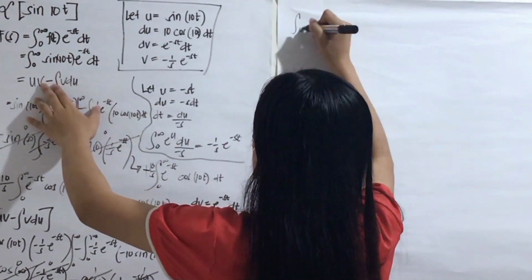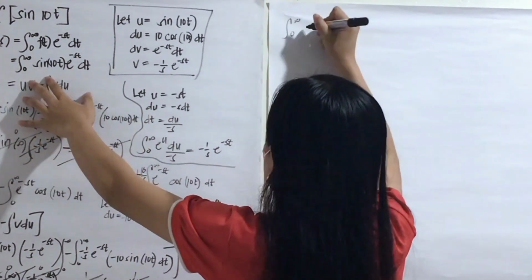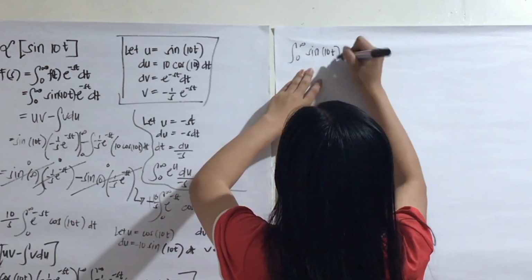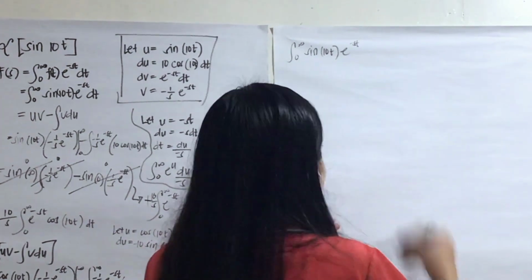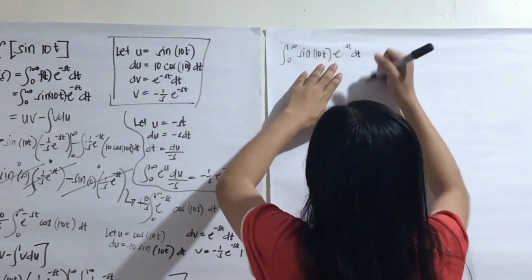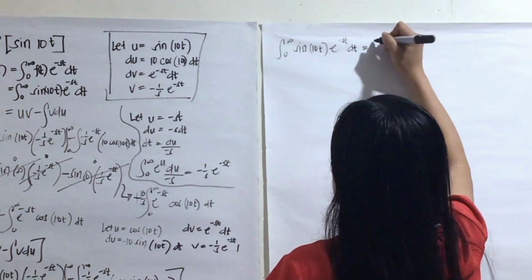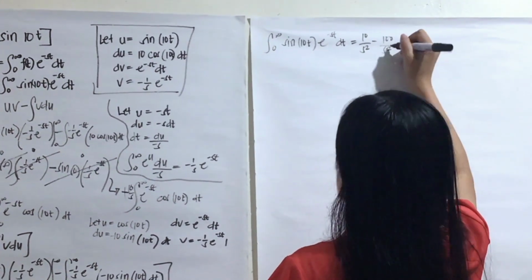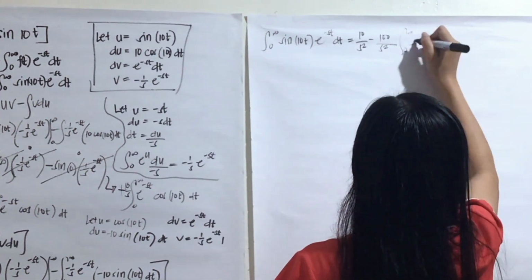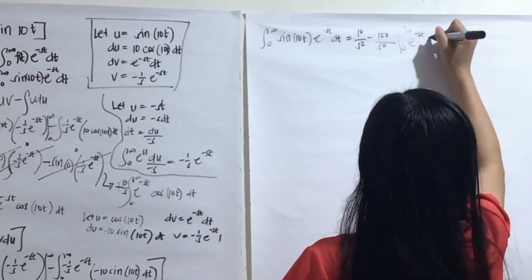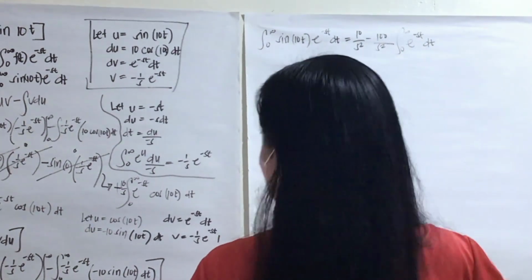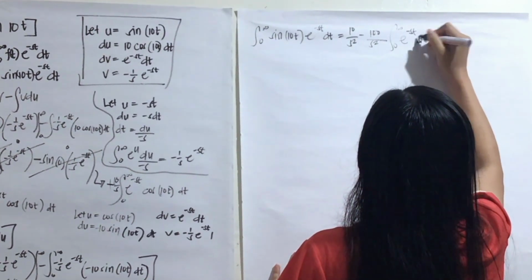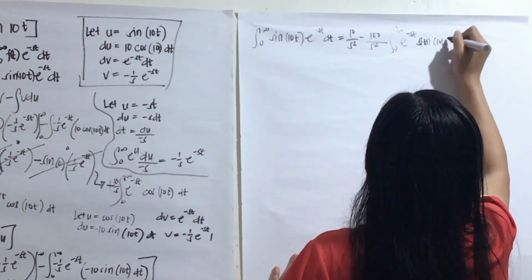So integral from 0 to infinity sine 10t e^(-st) dt is equal to, copy, 10 over s squared minus 100 over s squared, integral from 0 to infinity e^(-st) dt. I forgot the sine t. Sine 10t dt.